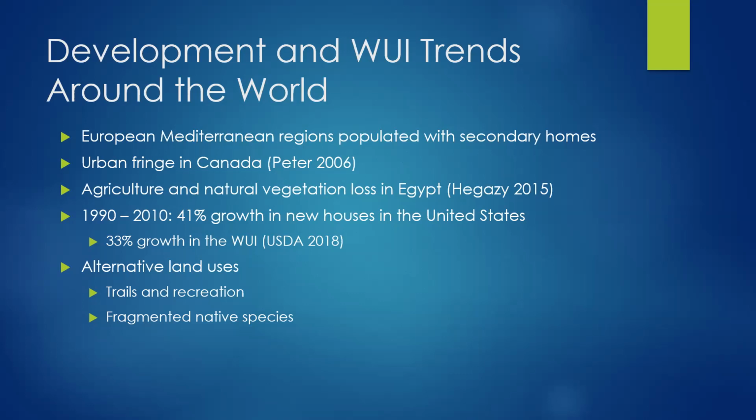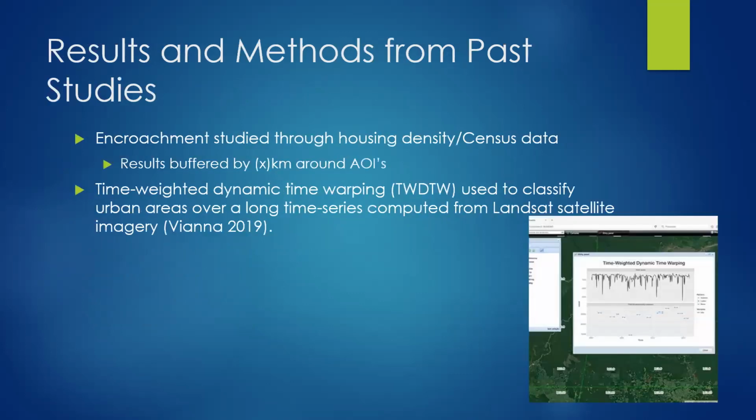Because development also brings in additional land uses and trails, recreations that can fragment native species, fragment forest boundaries, and push natural habitats back further. And this has been studied further in the past with census data. Census data is good, but it uses block data, which I felt generalized a lot of the results that past researchers have found.